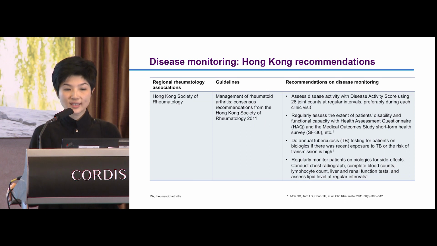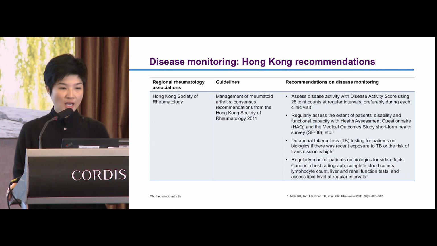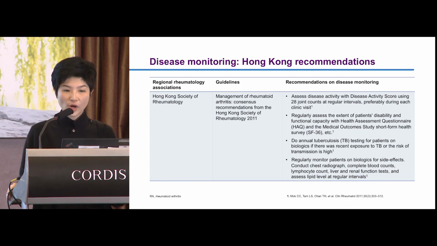Firstly, assess the disease activity with VAS score using 28 joint counts at regular intervals, preferably during each clinic visit. It also recommends regularly assessing the extent of patient disability and functional capability with the HAQ and other outcome measures such as SF36.